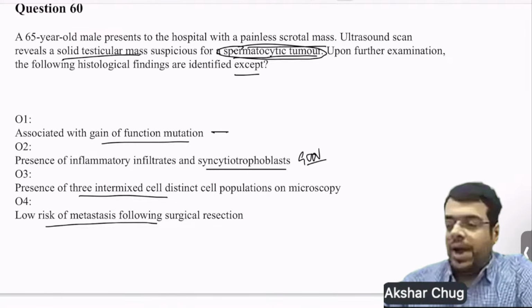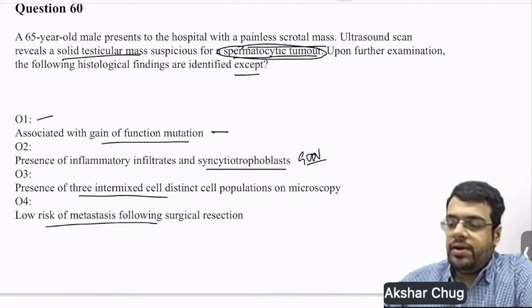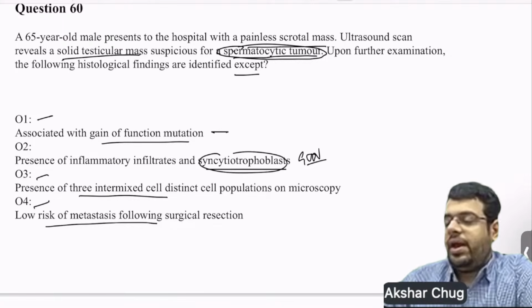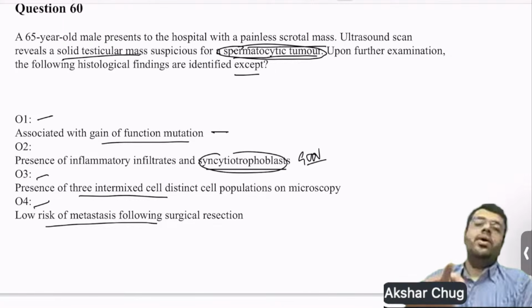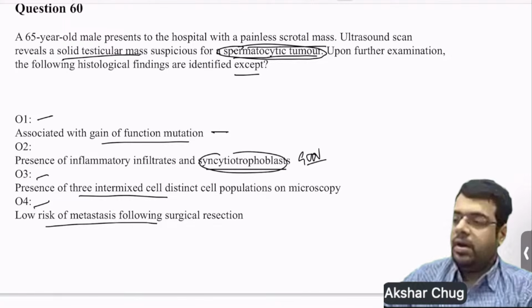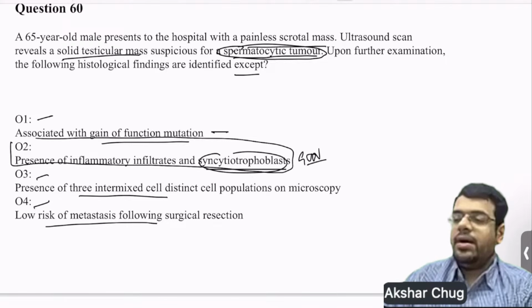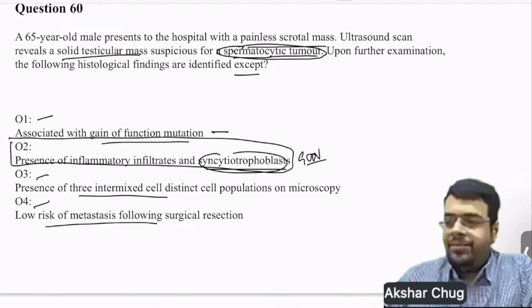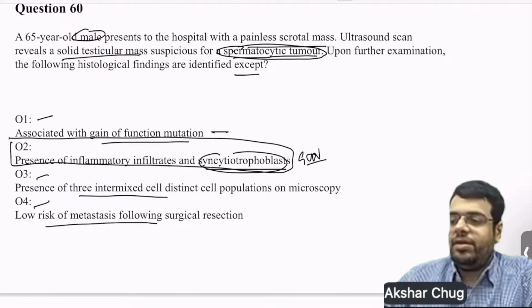So I have no idea about options 1, 3, and 4, but I'm definitely sure that syncytial trophoblasts are not associated with this, and are more associated with tumors involving the syncytium. So this would be the correct answer, as there are no syncytial trophoblasts in a male patient, and we are clearly given that the patient is male and having a testicular mass.